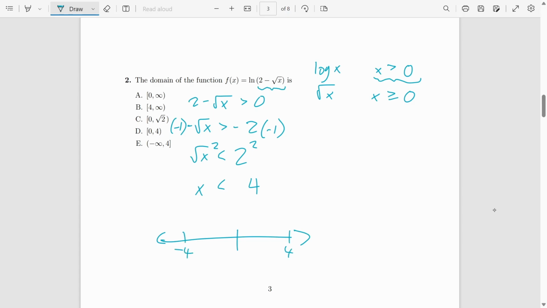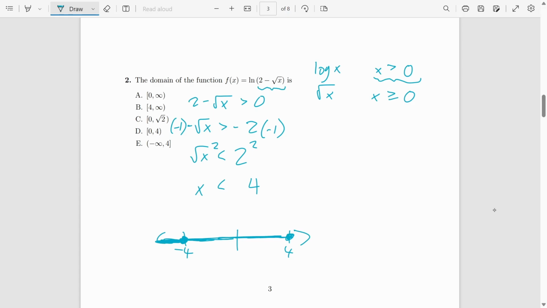If x is less than negative 4 and x is less than 4, so let's draw this out. X is less than negative 4. That's this. So that's at negative 4 and goes left. X is less than positive 4 is this, which includes the entire domain of x is less than negative 4. So we're just going to keep it as x is less than 4 here.